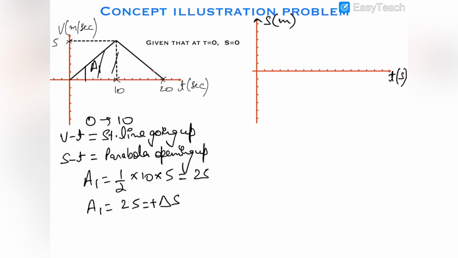And finally, the base of the parabola would be at the point where velocity is 0, because the slope of the ST graph is 0 where velocity is 0. So we know that at the base of the parabola which is opening up, the slope is 0. So the base of the parabola would be at the origin.